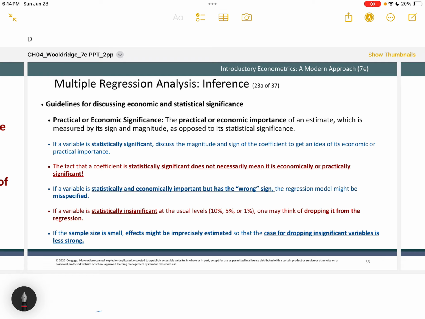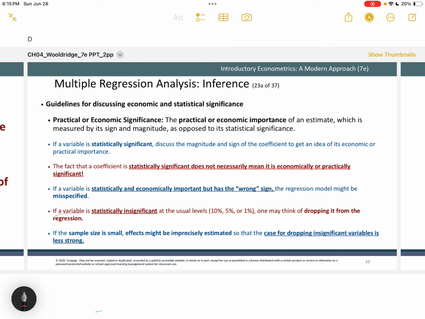That could be because the model is misspecified, meaning maybe there are other explanatory variables that should be in here that are not. So we have omitted some variables, and so we are looking at a super biased estimate on all the estimators.